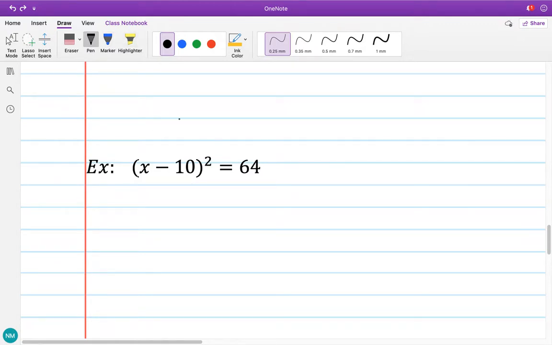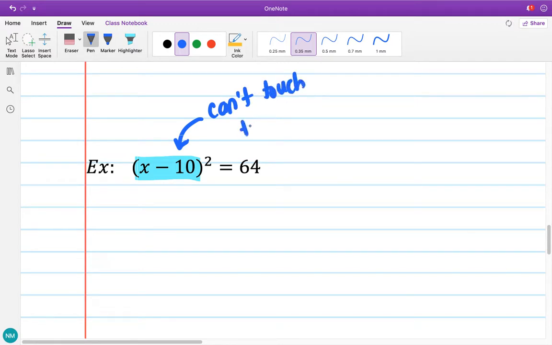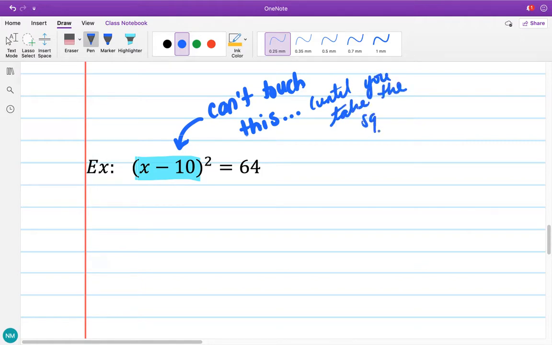So what I have to do, and I'm going to keep it highlighted, is write can't touch this, until you take the square root.